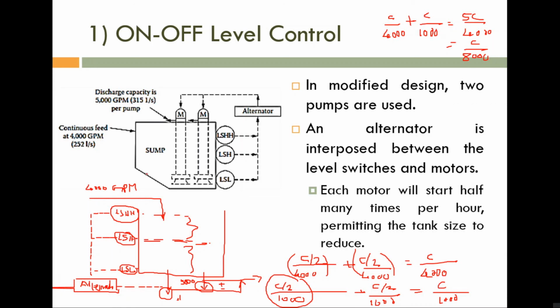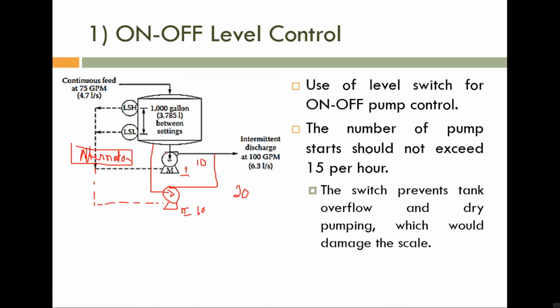Okay, so this one is on-off level controller. So with respect to our requirement, if we want to reduce the number of starts, then we have to use this modification. But please note, here the operating time of a pump, not tank, is not reduced.